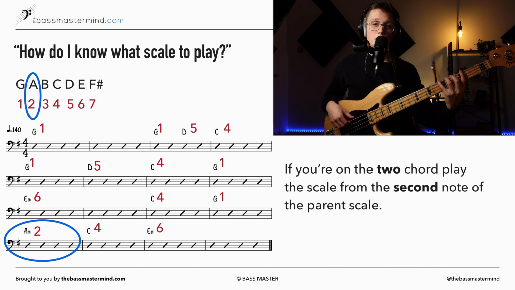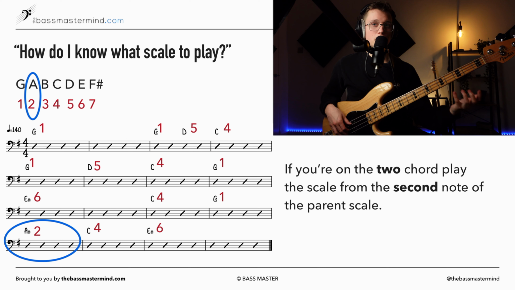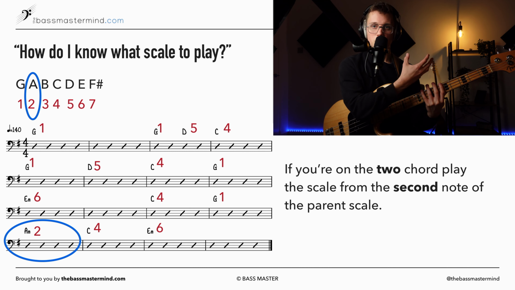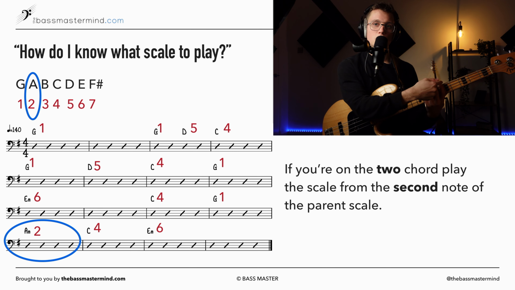So on this A minor chord, you would play the G major scale starting on A. So you can do it in a number of different positions, but the notes are the G major scale or parent scale of this song, but starting on the 2 chord or an A.